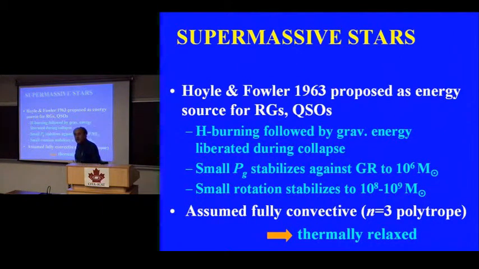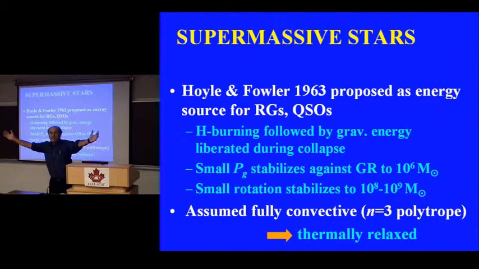And to model these stars, Hoyle and Fowler recognized that when you have a star that's supported by radiation pressure with an energy source in the center, in order to support the entire star, the nuclear energy that's being generated in the center has to equal the Eddington limit for the entire star, because supporting something by radiation pressure means that your radiation force has to equal gravity. That means these stars radiate at their Eddington limits for their entire masses.